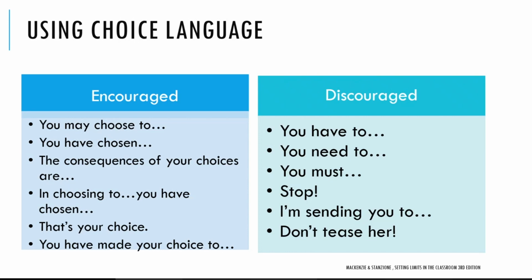Saying just "stop" without more information doesn't clarify what they need to fix. And "I'm sending you to..." sends them a message that you can't handle whatever it is that they did, and that you don't care what the outcome is. So you want to be very specific. That's why you want to make sure that you are using that choice language of encouragement.